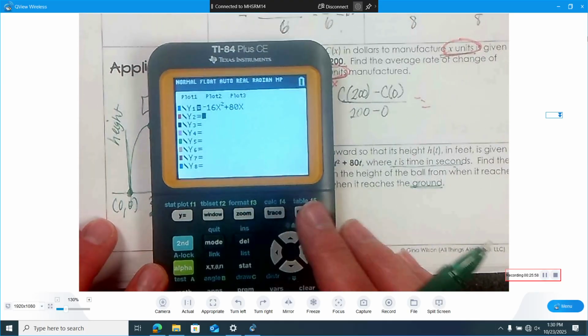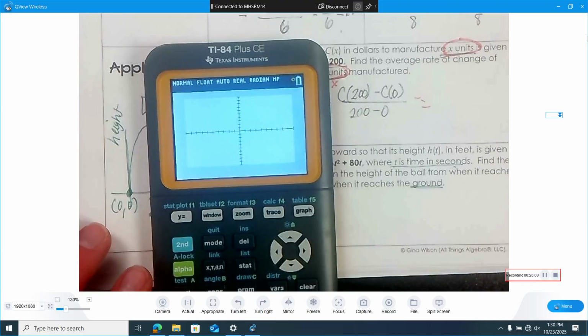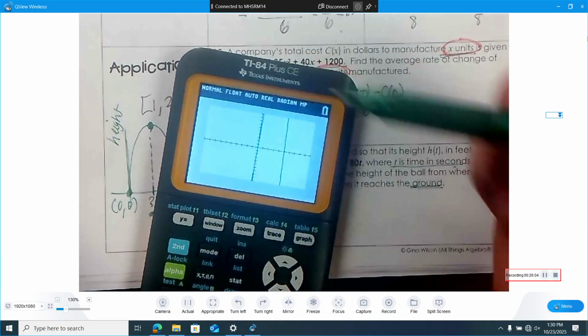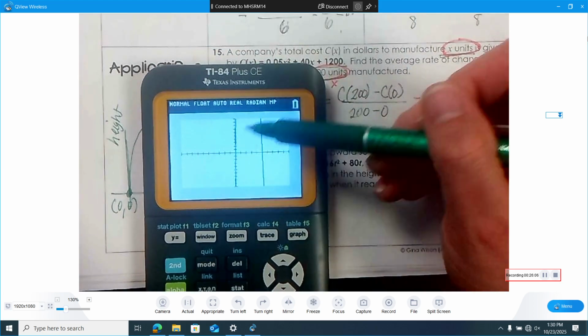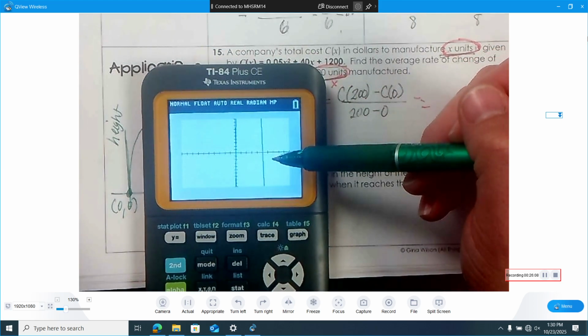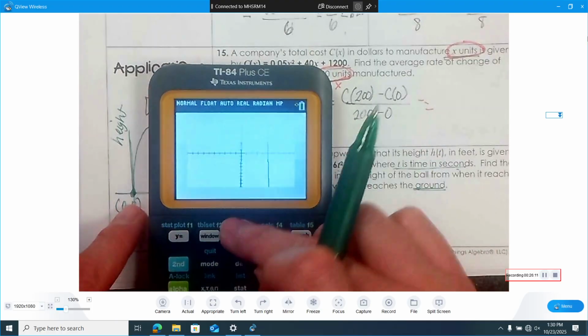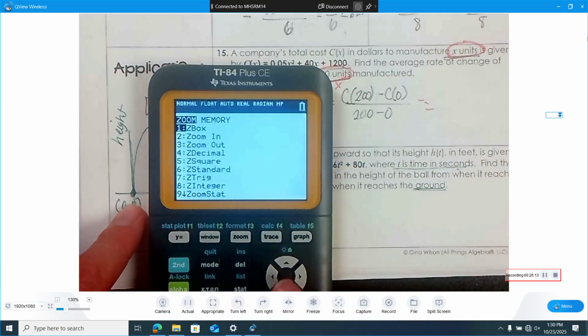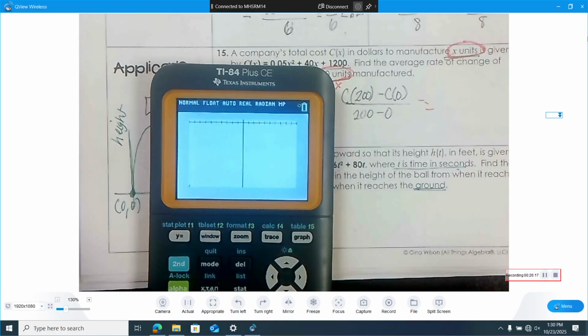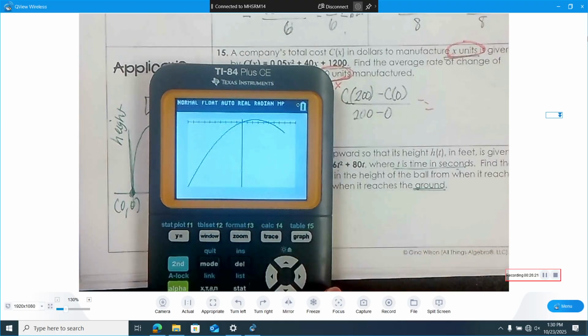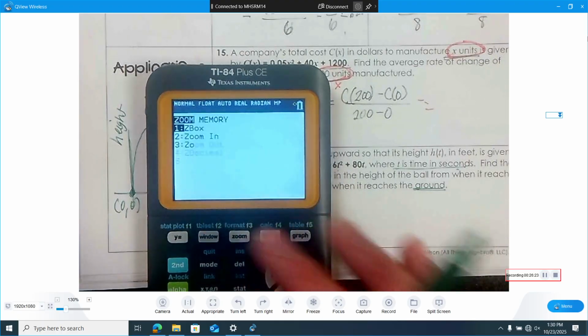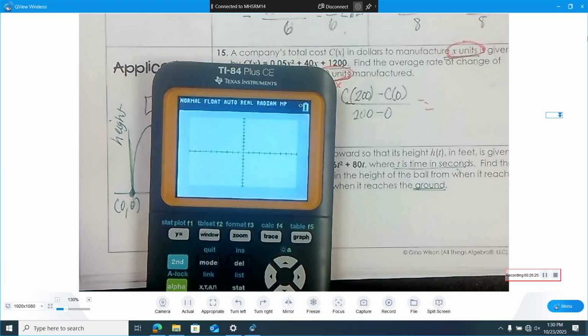And should I graph it, maybe? All right, I'm not seeing the whole picture here. What do I need to do? Zoom fit. Does that work? Oh, no, it's a terrible idea. I'm going to go back.